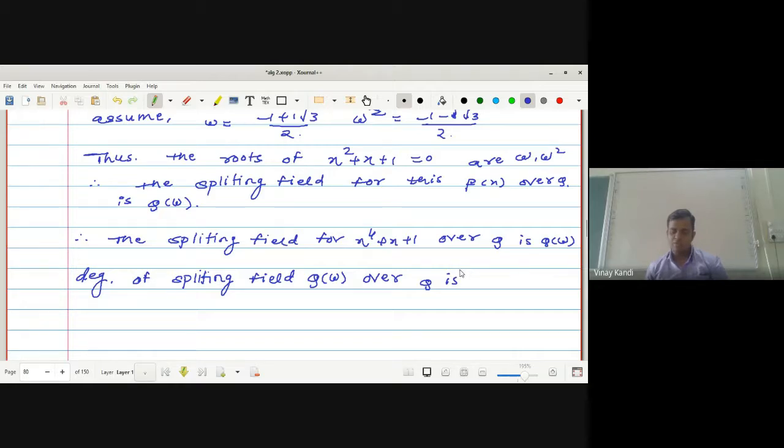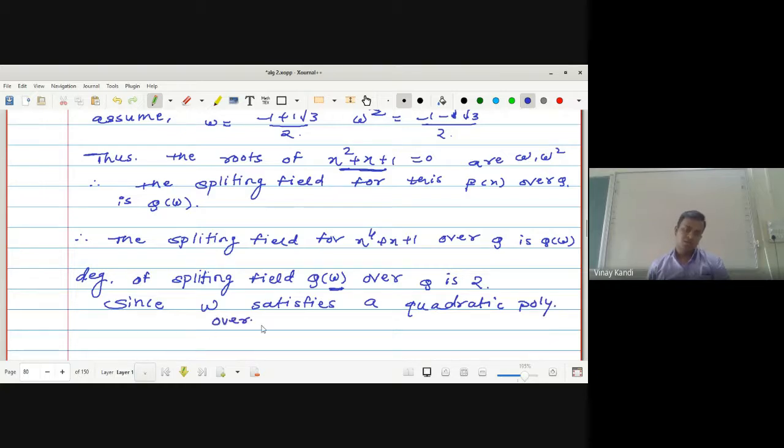The element w satisfies a polynomial of degree 2, so the degree of Q(w) over Q is 2, since w satisfies a quadratic polynomial over Q. Any doubt?